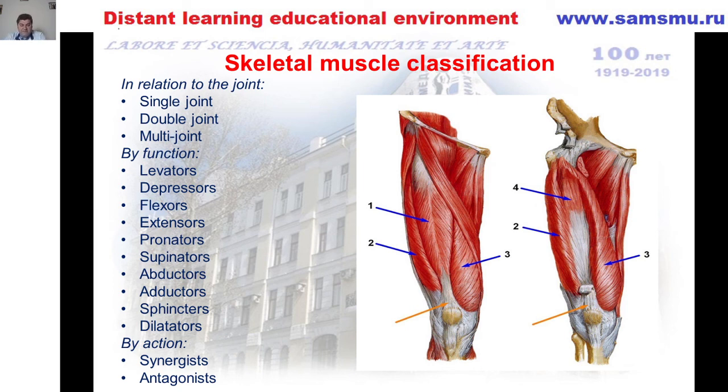The third kind is speed lever. The point of application of the muscle traction is near the axis of rotation, and the muscle traction shoulder is less than resistance shoulder. An example is an elbow joint during flexion. The fulcrum lies in the elbow joint.